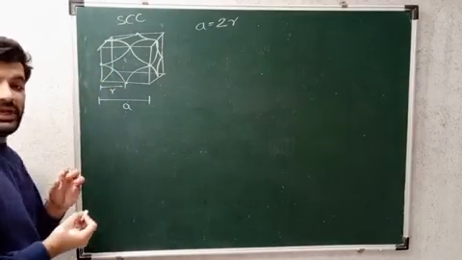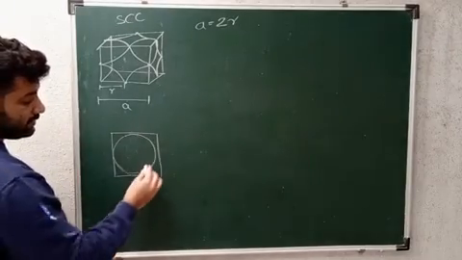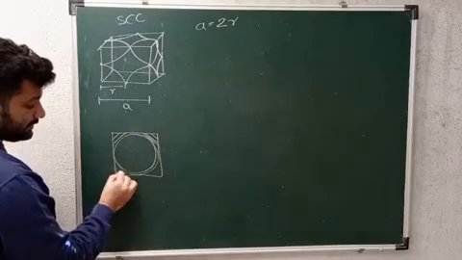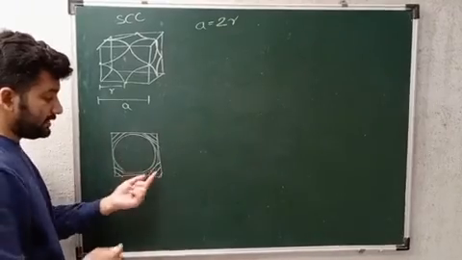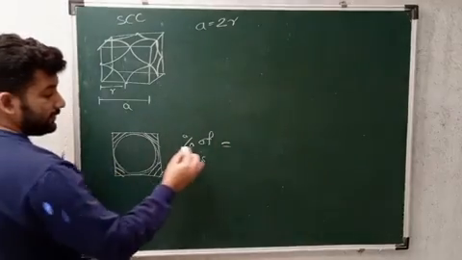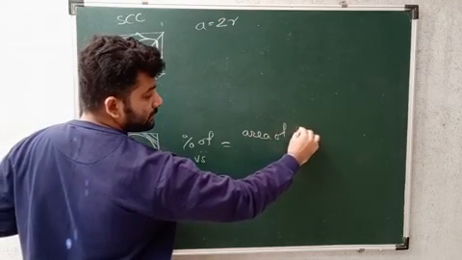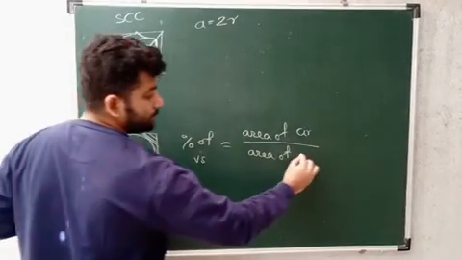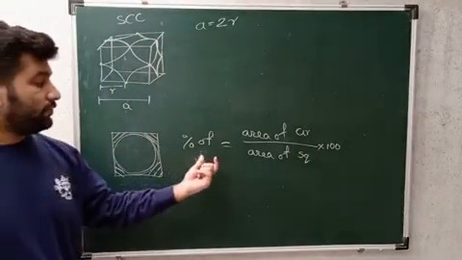Before moving to the derivation, I would like to clear one concept. If I am having this sphere, this circle, and this is my void space which I am having over here, then to find out the percentage of void space, what I will do is divide the area of circle by the area of square, multiplied by 100.